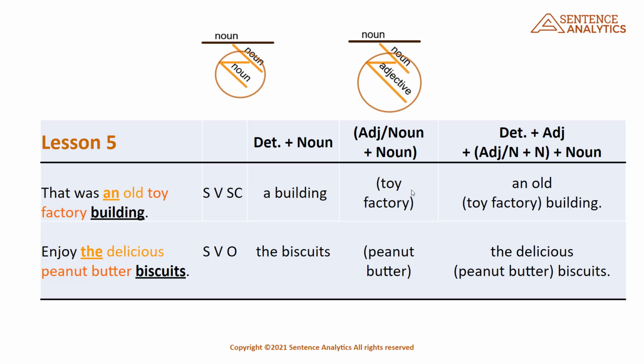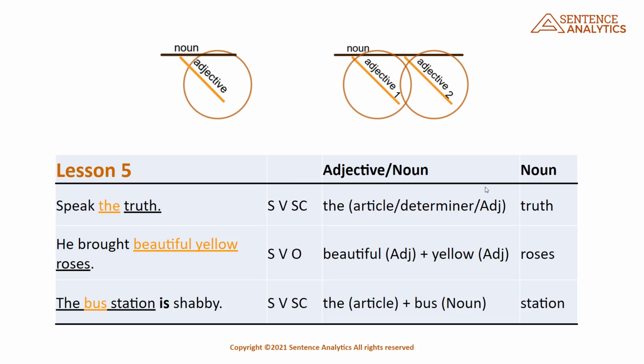The next sentence, he brought beautiful yellow roses. This one is a pretty direct subject, action verb, direct object sentence, subject he, verb brought, and the direct object answering the question, what, roses.